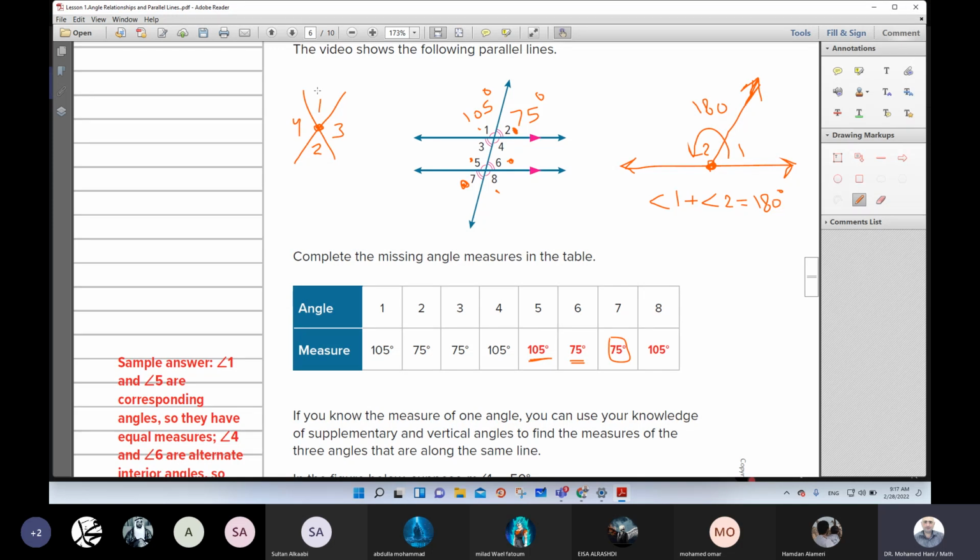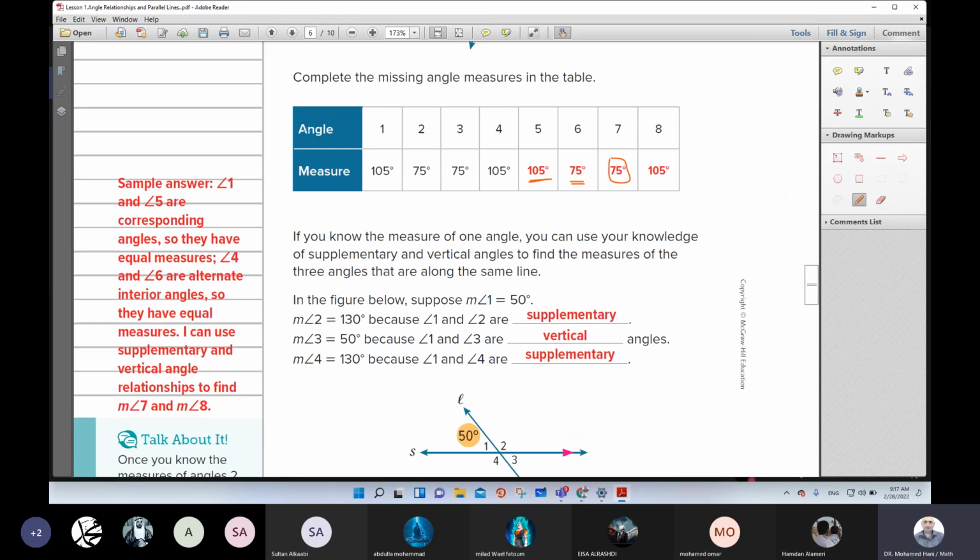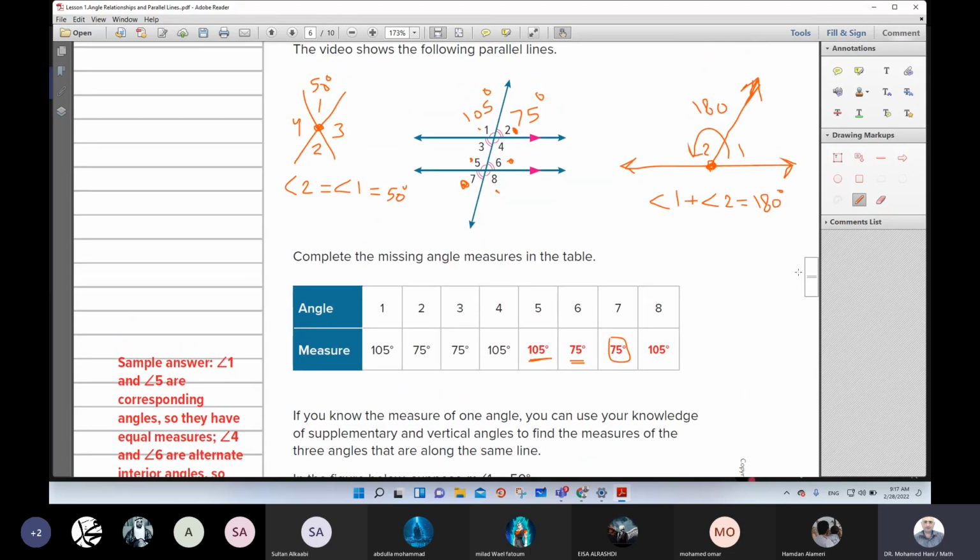If you know the measure of 1, suppose here we have 50, it means angle 2 equals angle 1, for example, 50. This is the meaning of vertical angles. So, when the measure of the two angles is 180, the name of the two angles is supplementary.